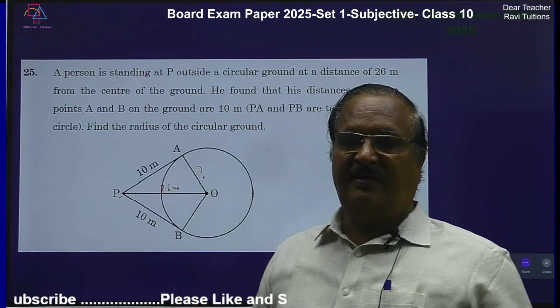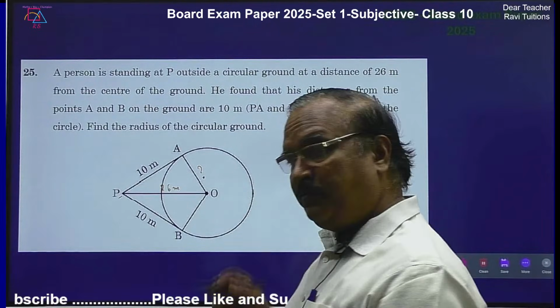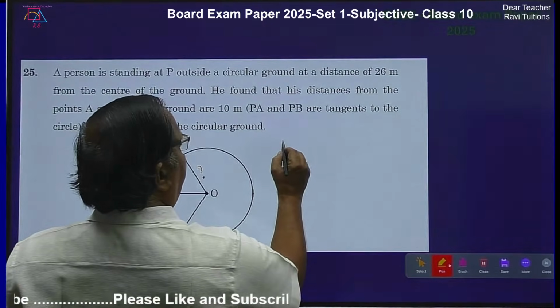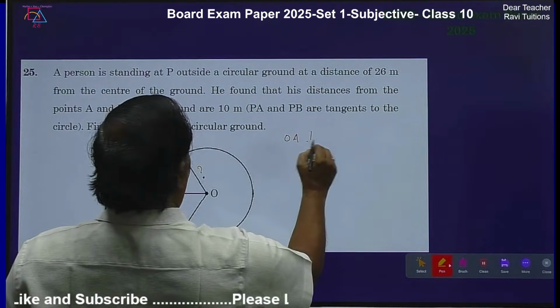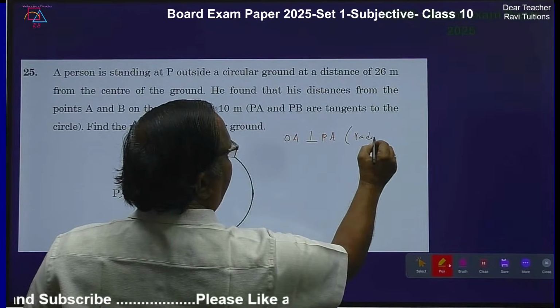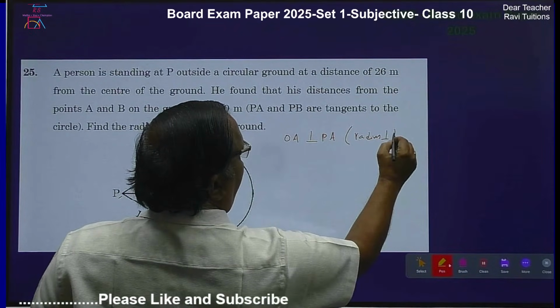Okay. So very simple. Let us put the steps as per this. Okay. So OA is perpendicular to PA because radius is perpendicular to tangent.